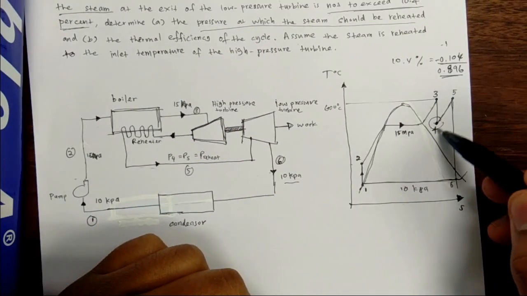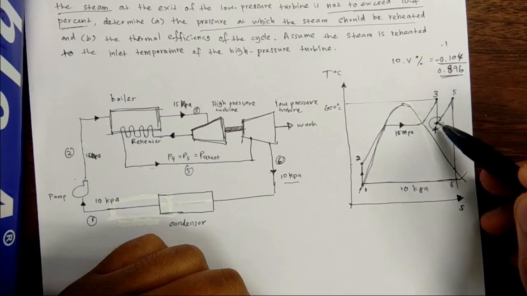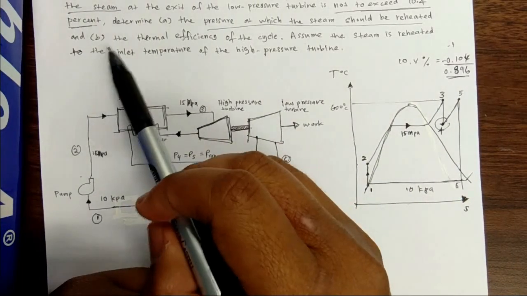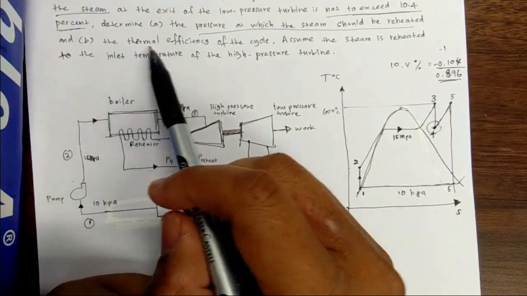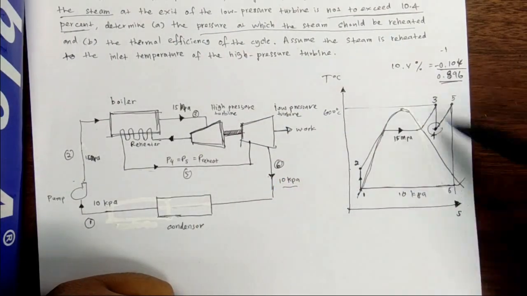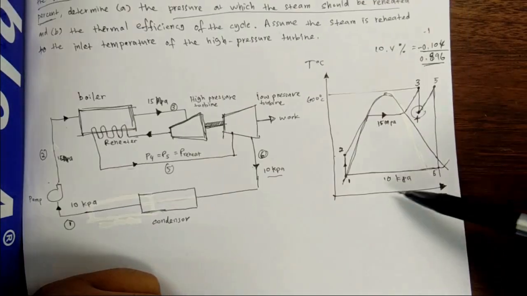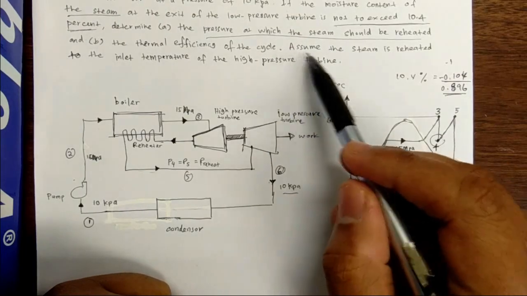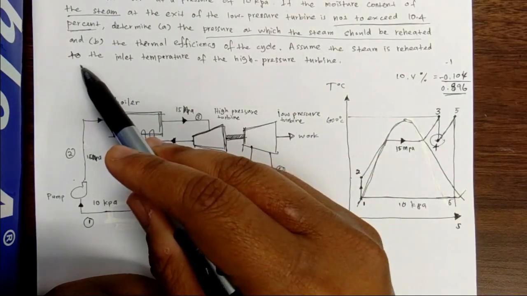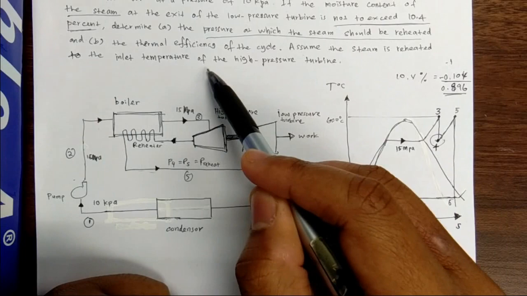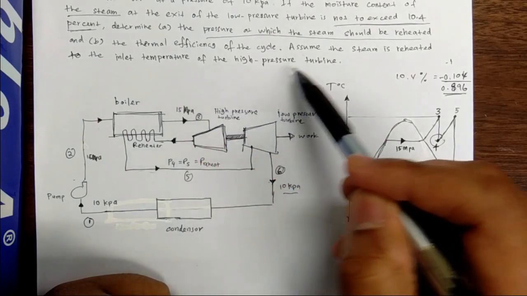So we need to find the pressure here at 4, and then question B is the thermal efficiency of the cycle. So for the whole cycle, what is the thermal efficiency? Assume the steam is reheated to the inlet temperature of the high pressure turbine.